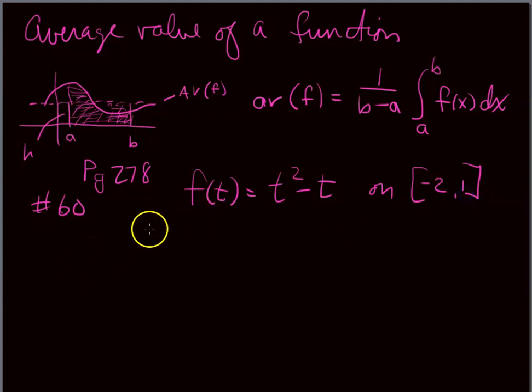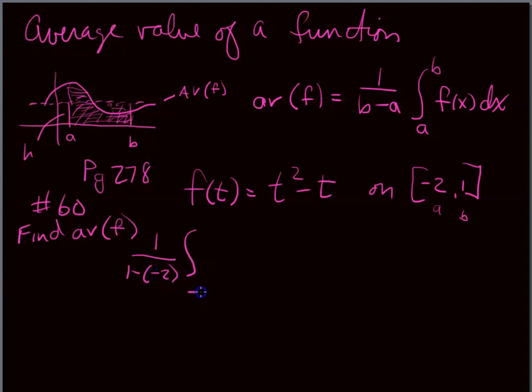We want to find the average value of the function, the AV of f. Well, you need the integral, 1 over b minus a. Let's see, this is the a and the b right here. So it's 1 over 1 minus a negative 2, the integral from a negative 2 to 1. The function is t squared minus t. Put that in parentheses, dt.